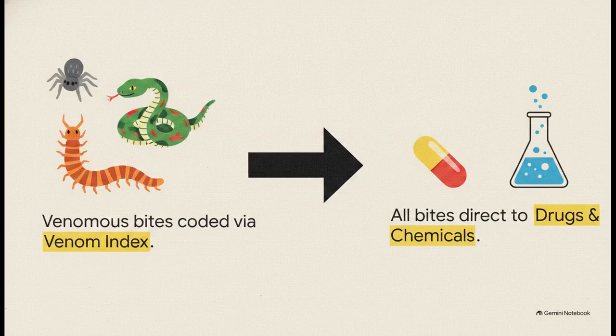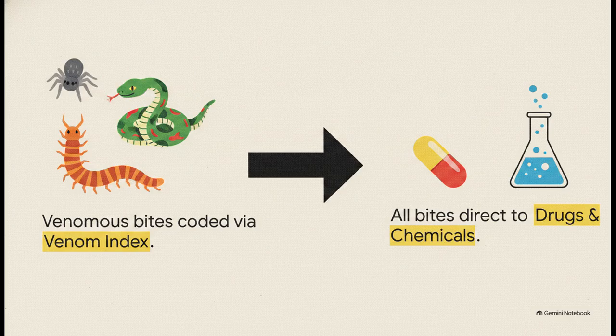Okay, so right off the bat, we're looking at a major structural shift for 2027 when it comes to venomous bites. In the past, if a patient came in, say they got bitten by a venomous spider, snake, or maybe some sort of marine animal, you'd naturally head straight for the specific venom index, right? Well, scratch that. For 2027, this whole index has been completely overhauled.